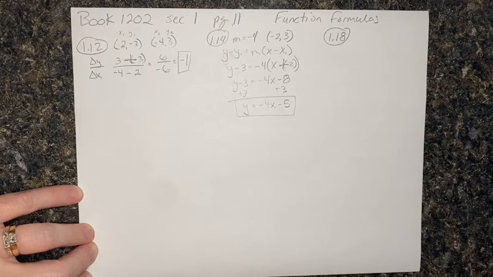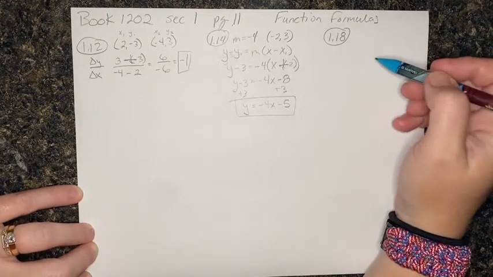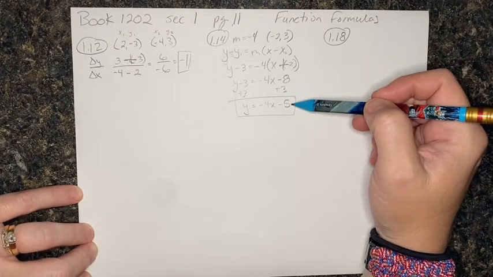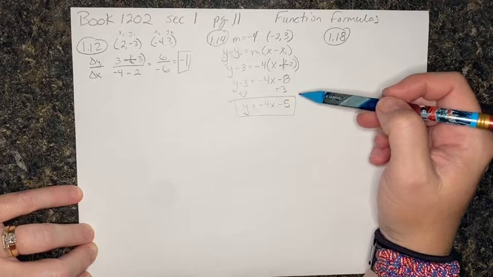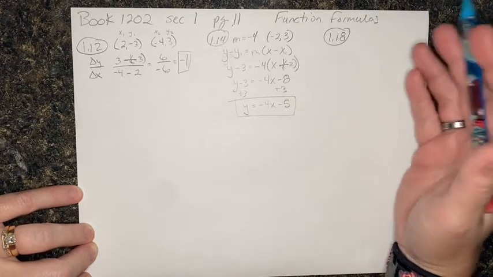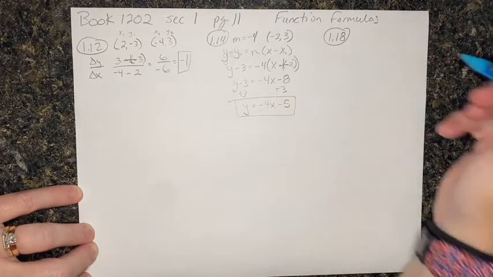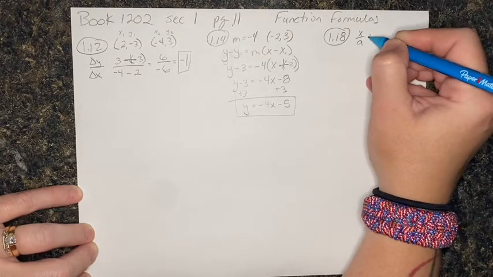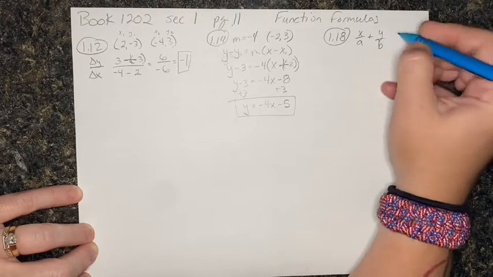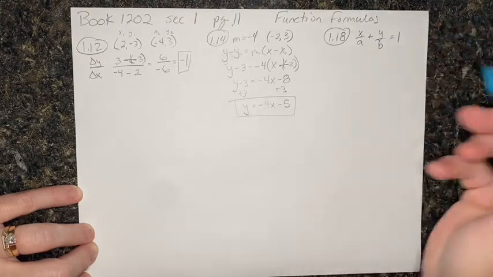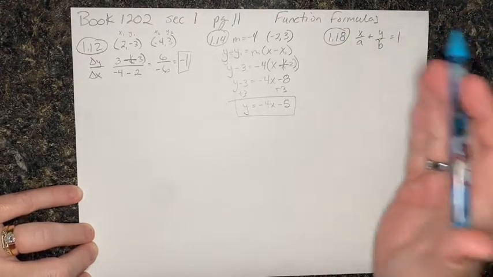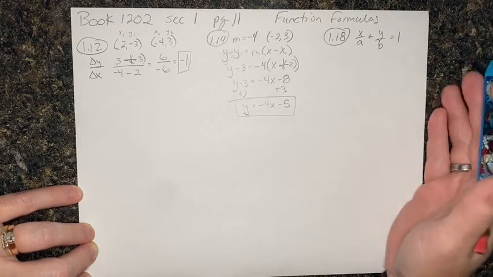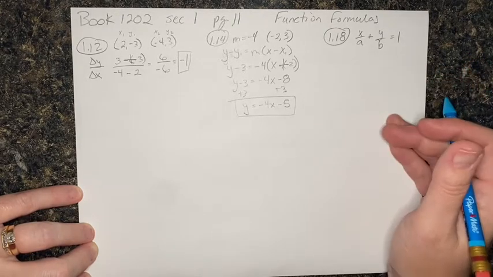Now, for number 18, it asks us to use the equation that we found in number 14, but change it over to the intercept form. The intercept form is x over a plus y over b equals 1. Now, to find our a and our b, we have to figure out where it intersects the axes, right?